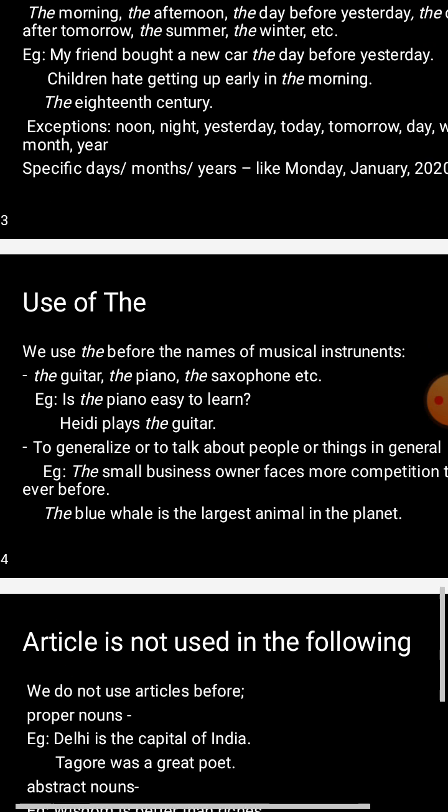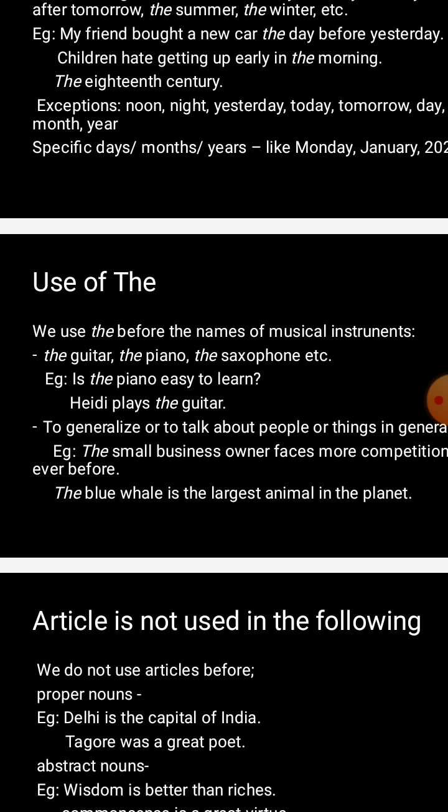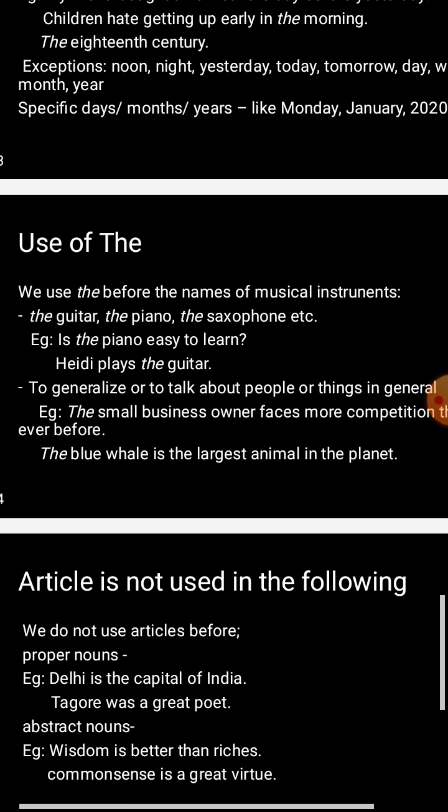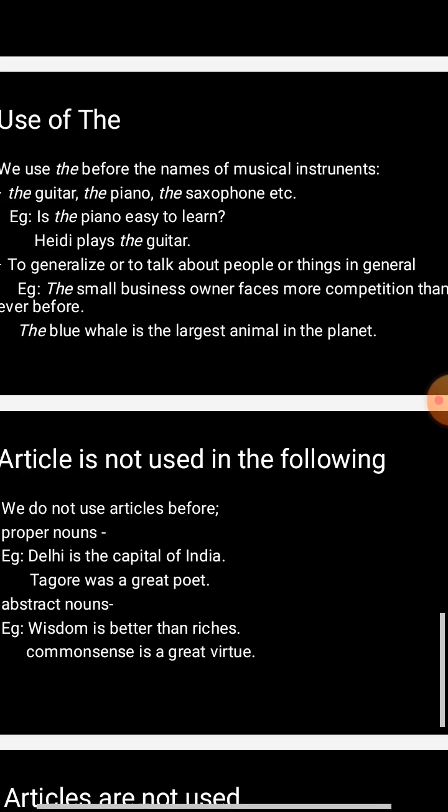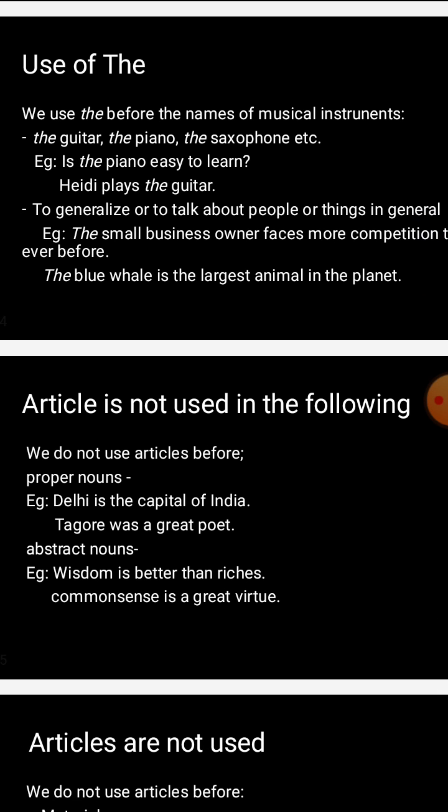Next, we use the before the nouns of musical instruments. He plays the guitar, the piano. Is the piano easy to learn? Hades plays the guitar. To generalize or to talk about people or things in general: the small business owner faces more competition than ever before.